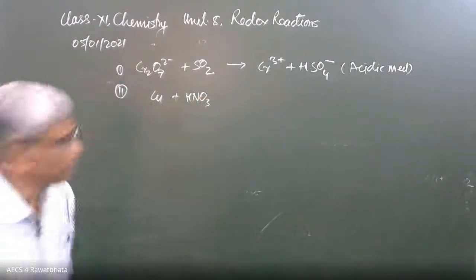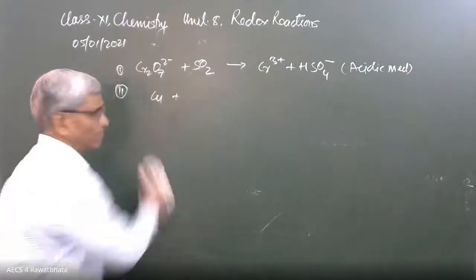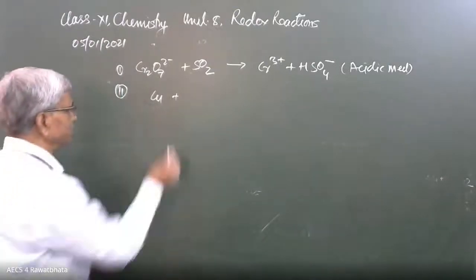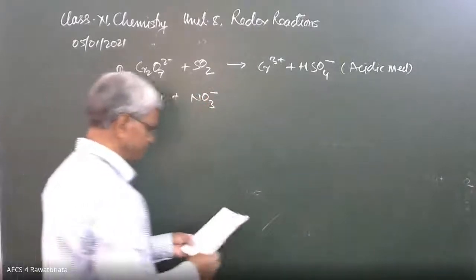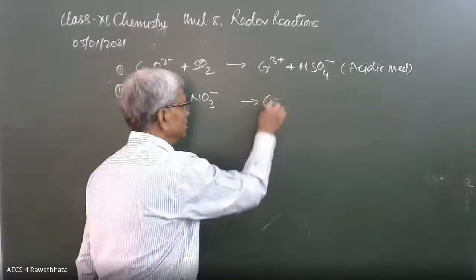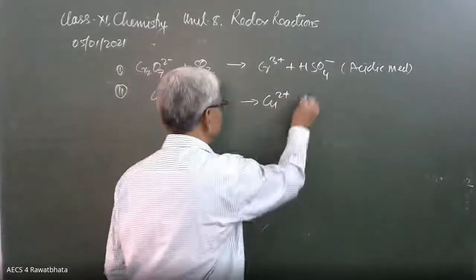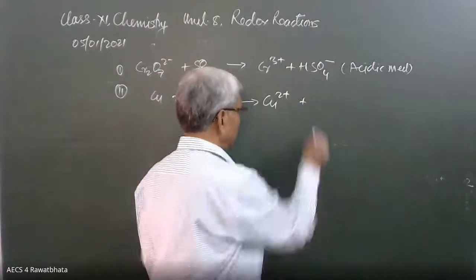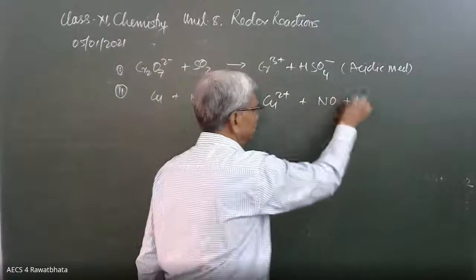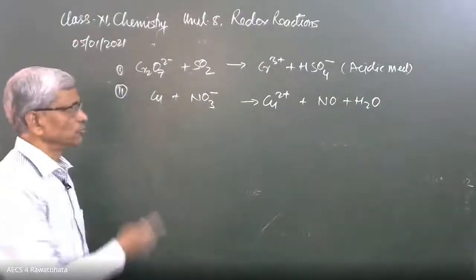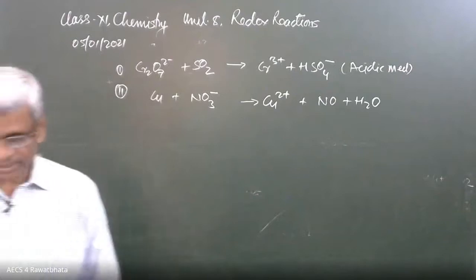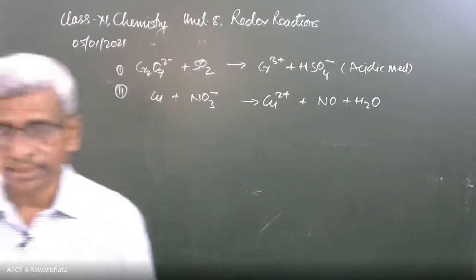It will be easier for you because I have not taken such examples. Cu plus NO3 minus gives Cu2 positive plus NO plus H2O. Okay, beta? So these are the two examples which you have to balance at home.